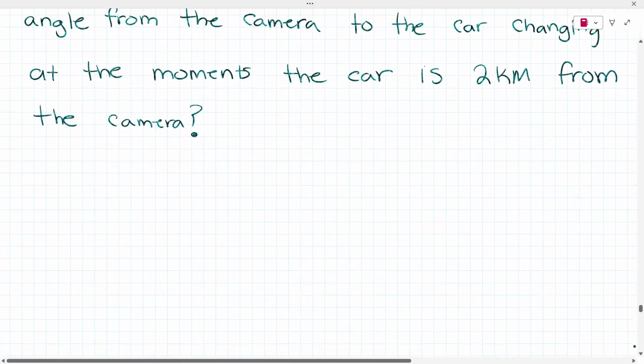Let's first find out the first thing. How fast is the distance from the car to the camera changing when the car is 2 kilometers from the camera?